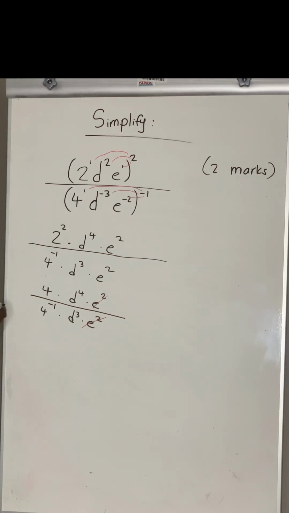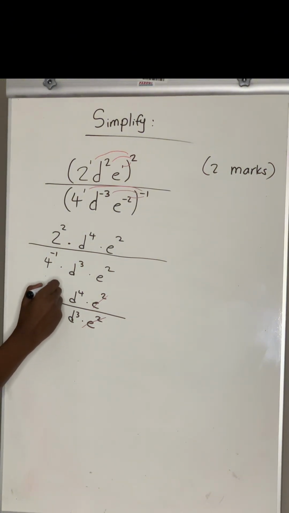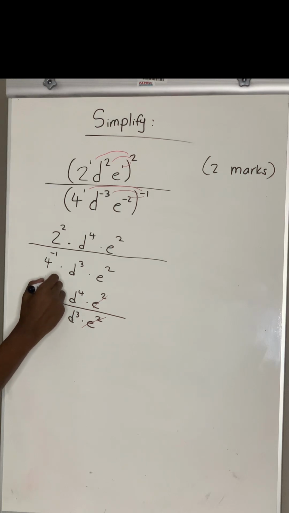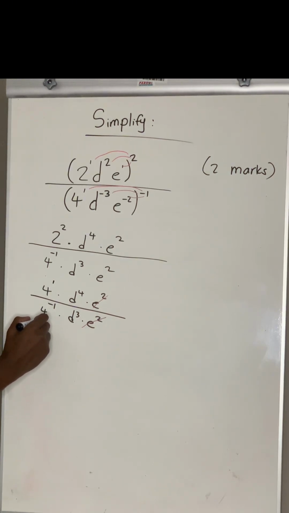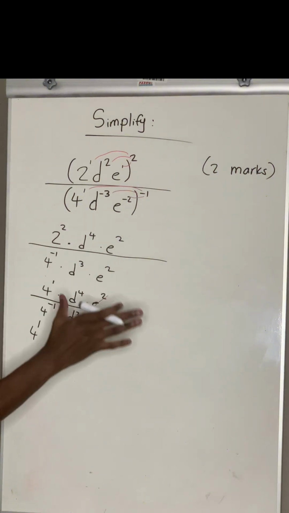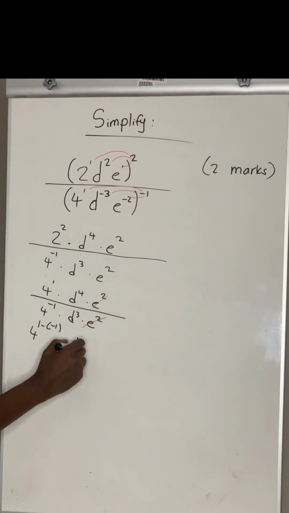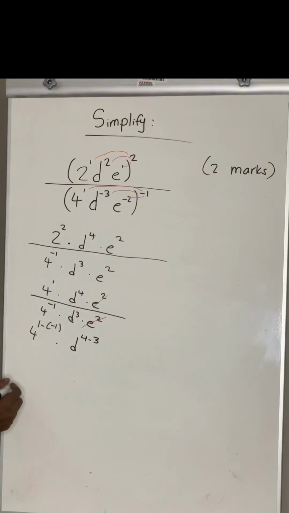From here we are using division, and the laws of exponents say that when you're dividing terms, it's going to be 4 exponent 1 over here, obviously. You're going to then subtract the exponents. So in division, you subtract the exponents. It's going to be 1 minus negative 1, times d exponent 4 minus 3.